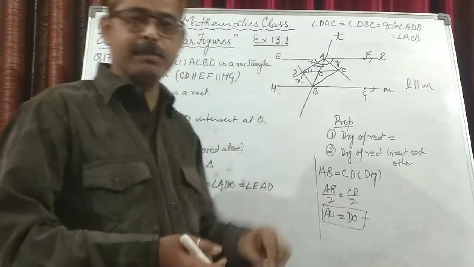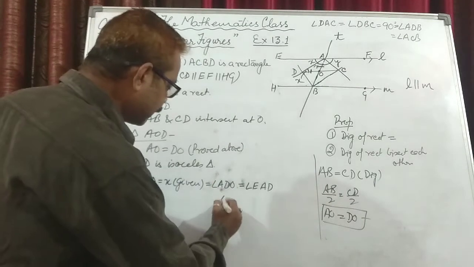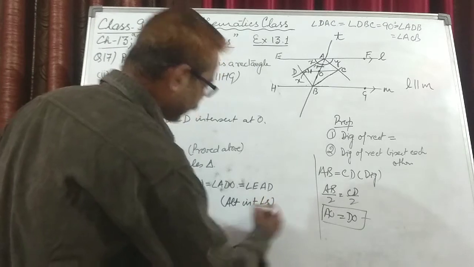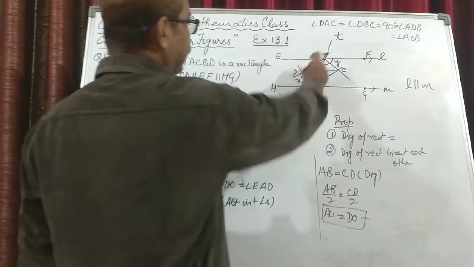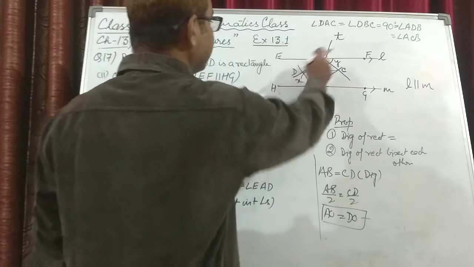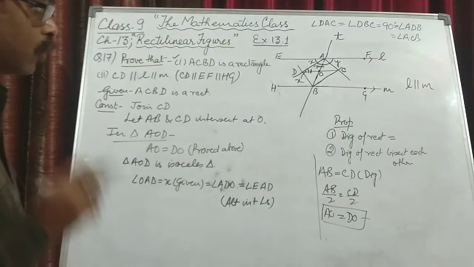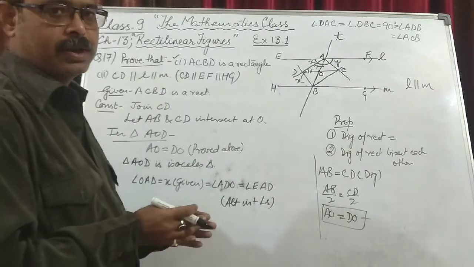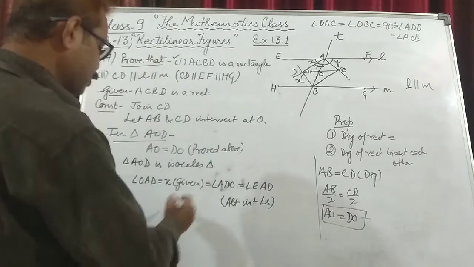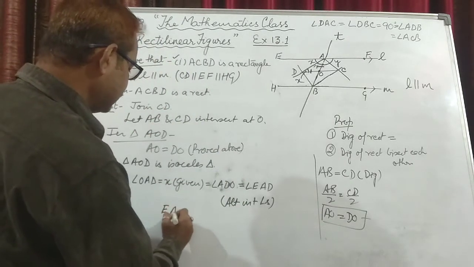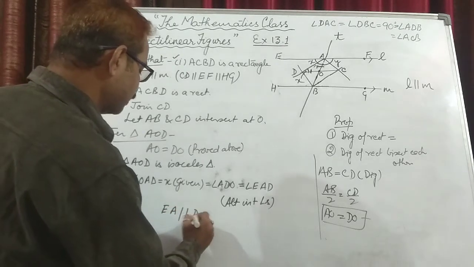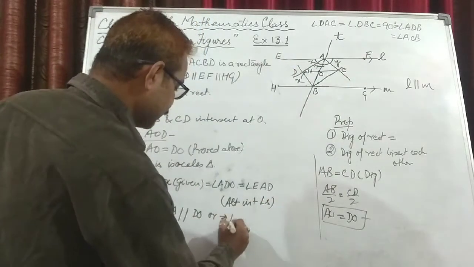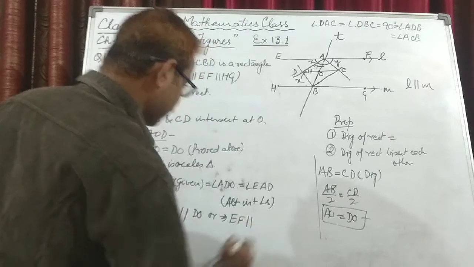Now these angles can be considered as alternate interior angles. Since ADO and EAD are equal, they are alternate interior angles. And we know that when alternate interior angles are equal, then the given lines are parallel. So we can say that EA is parallel to DO, or EA has been extended to EF and is parallel to DO.